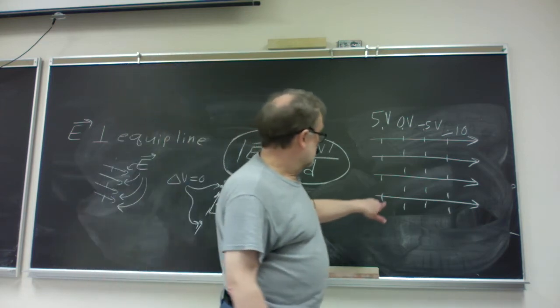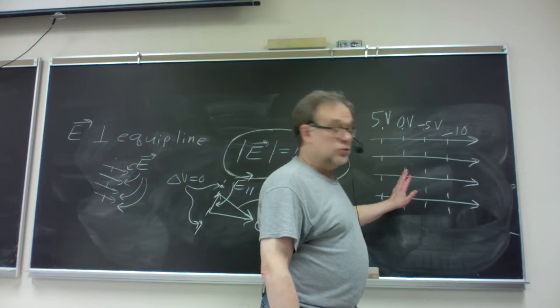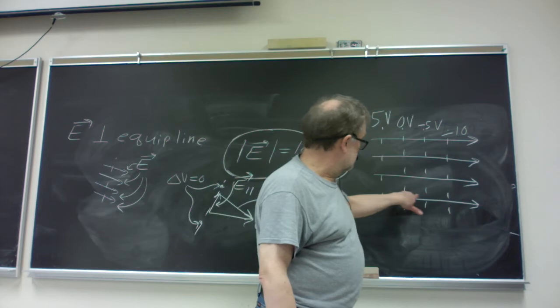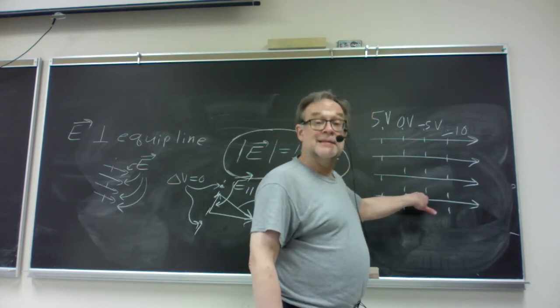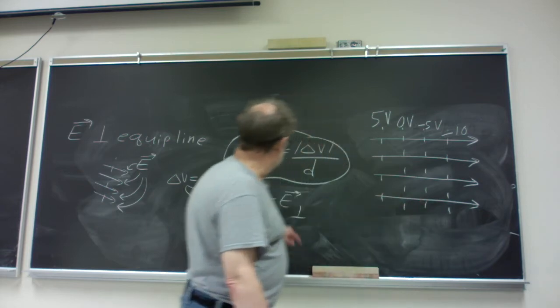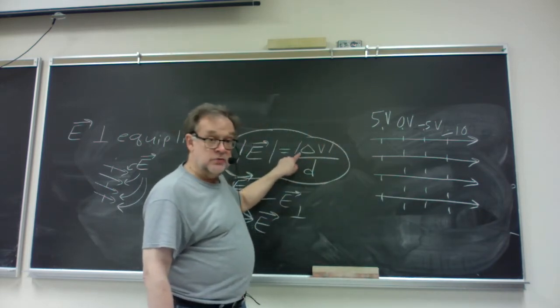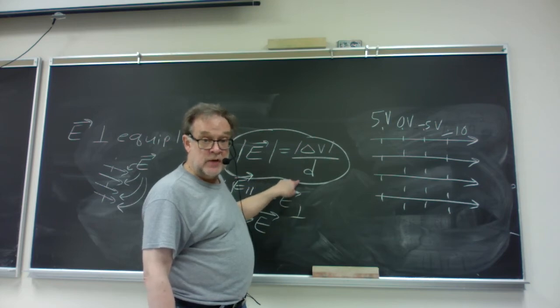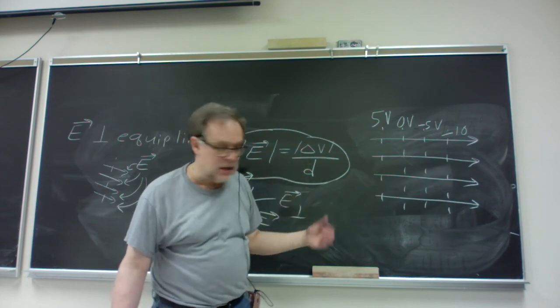But from here to here, you get a 5 volt potential change in this much distance. From here to here, you get a 5 volt potential change in the same distance. So whether you're looking at this or this, the delta V is the same, and the distance you travel to get that 5 volts of potential change is the same.